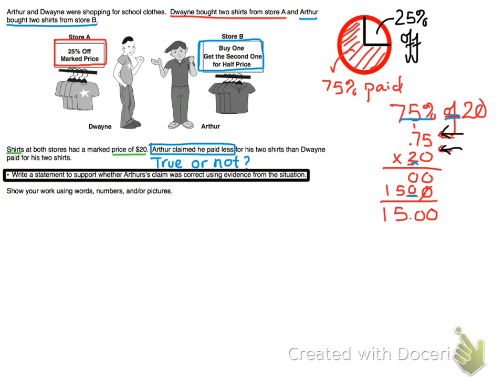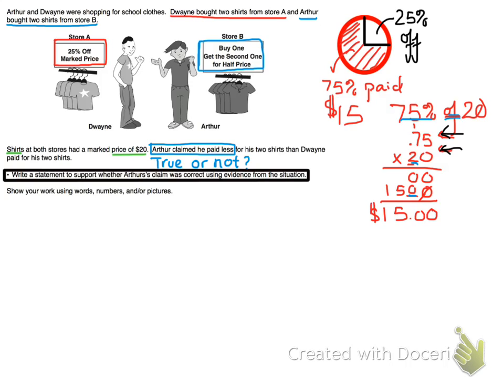So it looks like, who is this? Dwayne is paying $15 for 1 shirt, right? 75% paid is, I should change this to red, is $15 paid. And he buys 2 of those shirts.